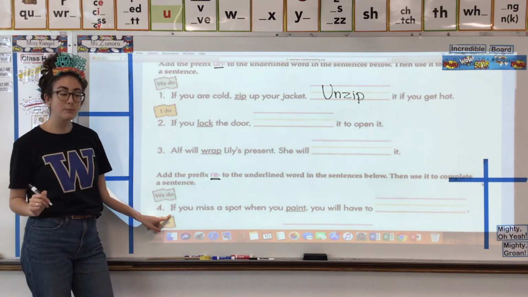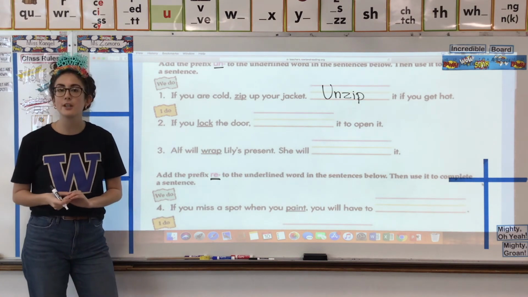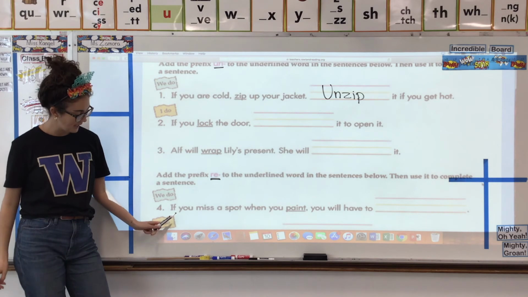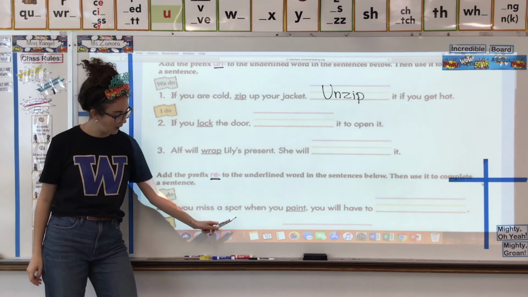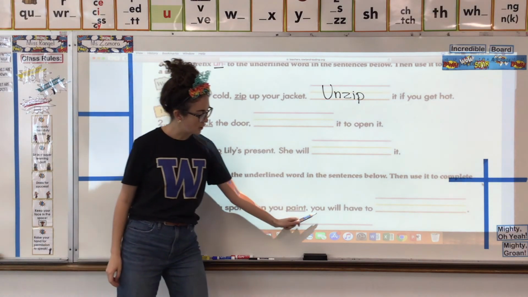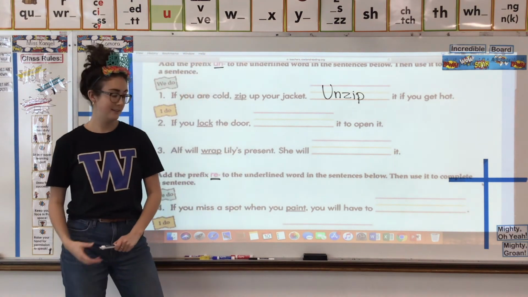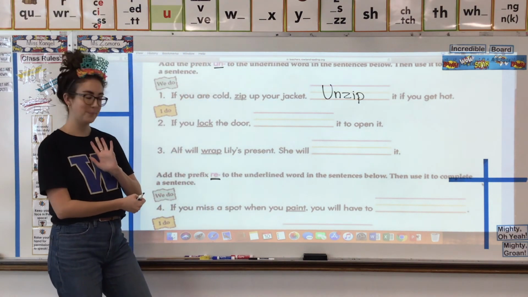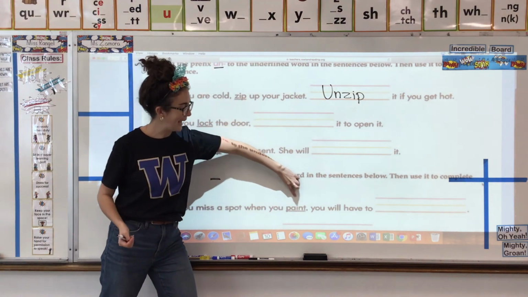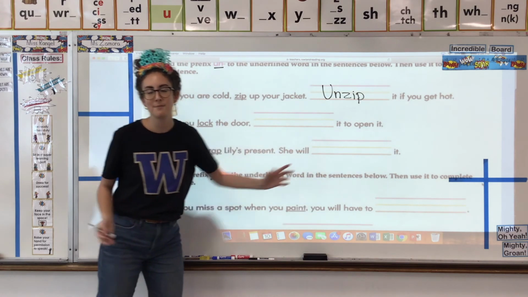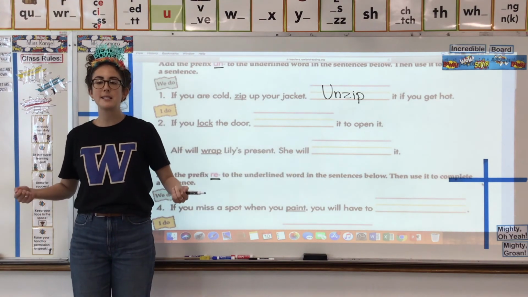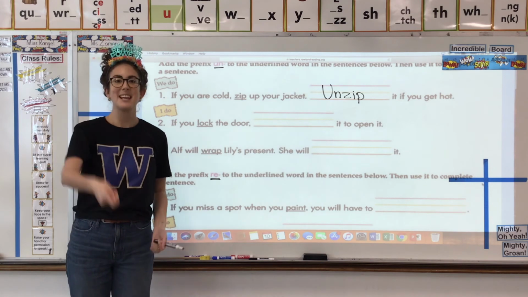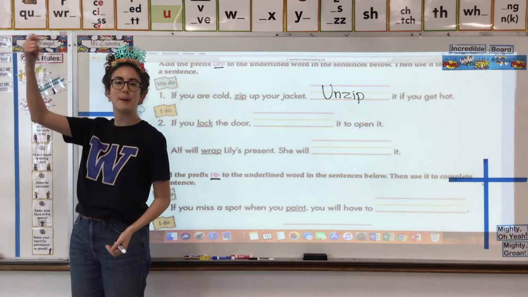So in sentence number 4, what verb is underlined? If you miss a spot when you paint, you will have to, what's the verb? Paint. Can you show me what does it mean to paint? To paint a wall with a paintbrush.